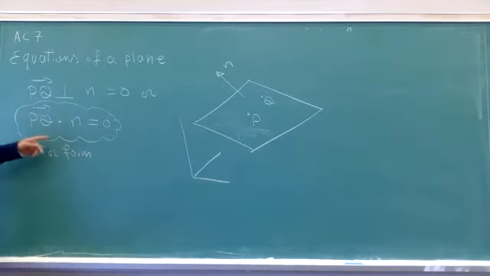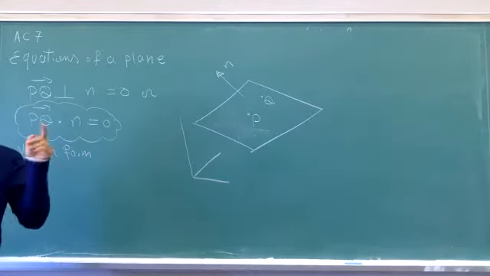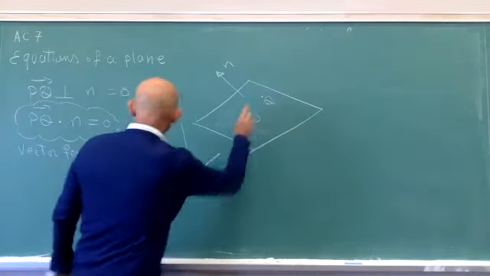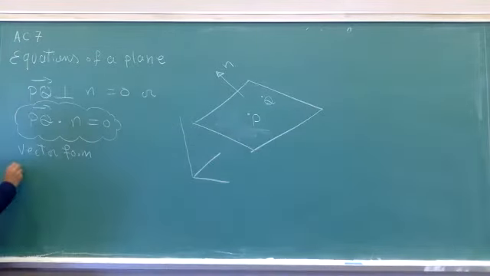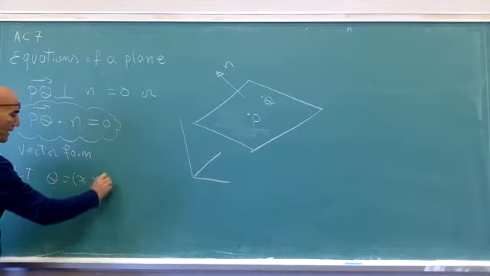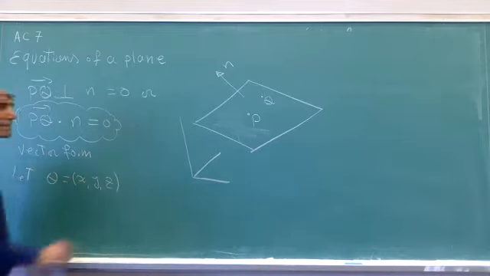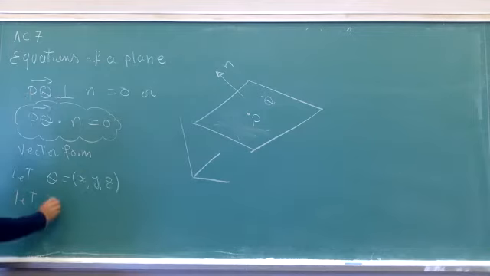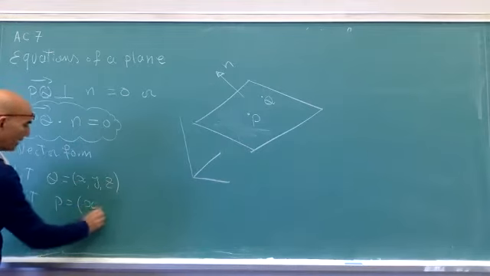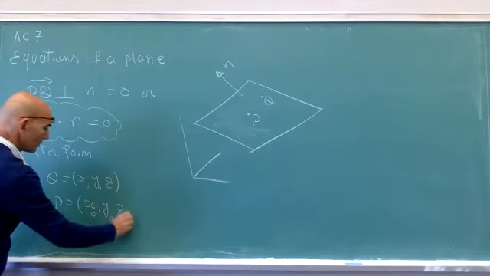As we discussed in the case of lines, we can write this equation in coordinate form using XYZ coordinates. So now let Q be a generic point on the plane, with coordinates x, y, z. And let P be the original fixed point that we pick on the plane, x0, y0, z0.